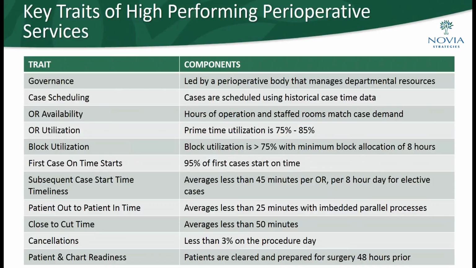What are some of the key traits of a high-performing perioperative services? Governance. It's led by a perioperative body that manages department resources. I'm going to give you some more detail about governance in the upcoming slides. But this is very, very different from your standard operating room committee.